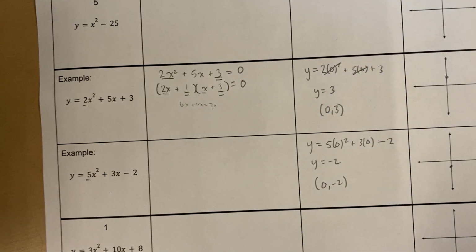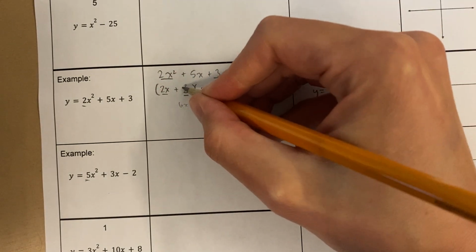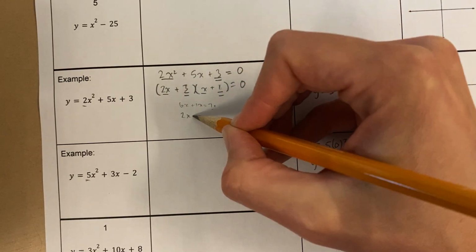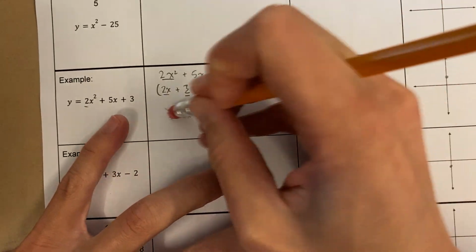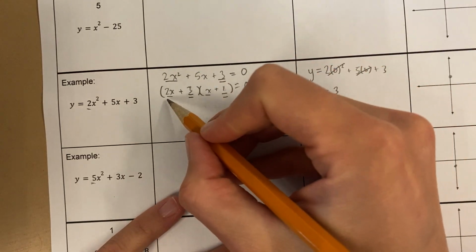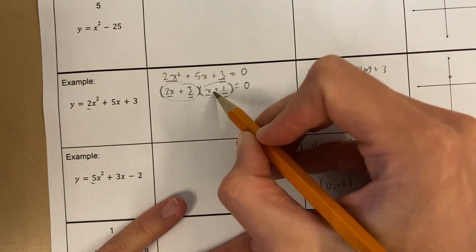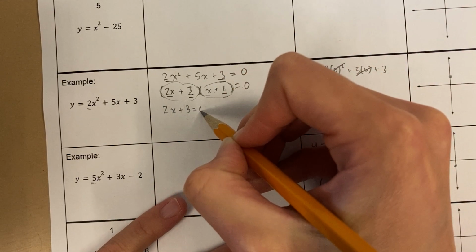Let me go ahead and switch them. So 2x times 1, that's 2x, plus 3x. That equals 5x. Perfect, that's what I want. Looks good. So now I know either this number equals 0 or this number equals 0, because when I multiply them together, they equal 0. So one of them must be equal to 0.